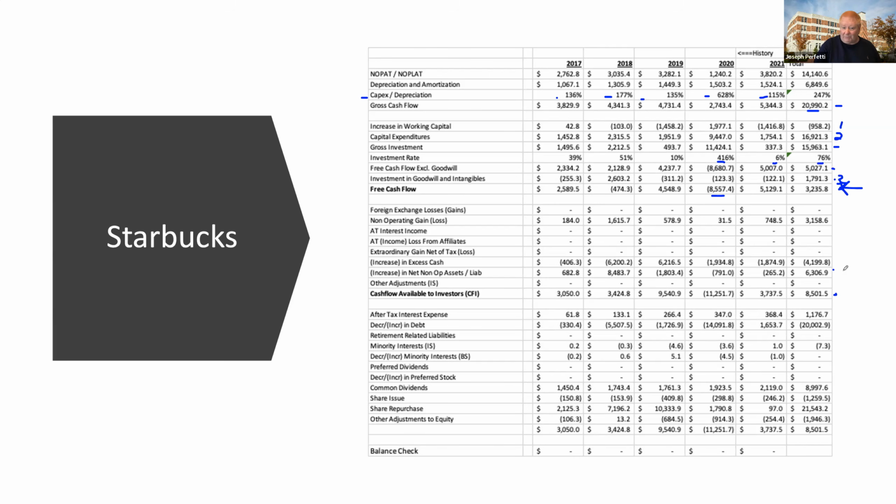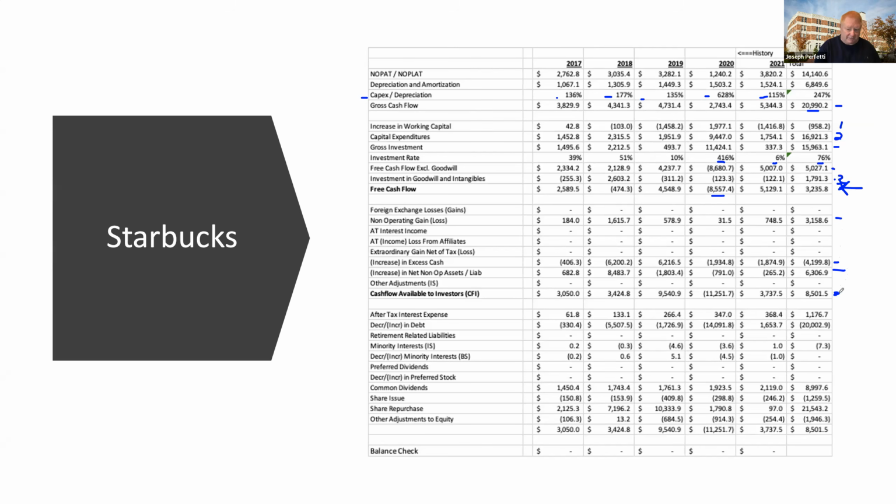They generated $6.3 billion worth of cash by basically selling non-operating assets. They generated $3.2 billion worth of cash from non-operating gains on their income statement. And they also put $4.2 billion worth of cash in the bank, increasing their excess cash reserves. But net, $5 billion of extra dollars of cash went to CFI, and they had $8.5 billion to distribute.